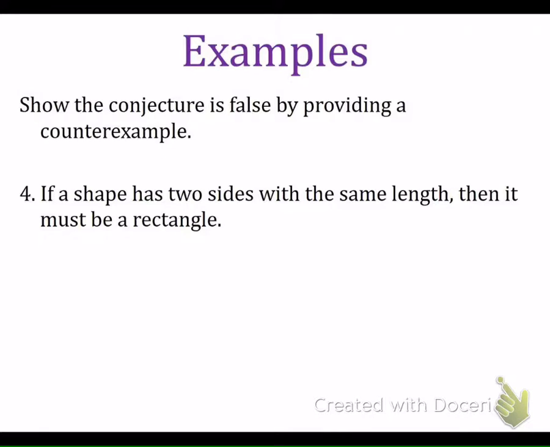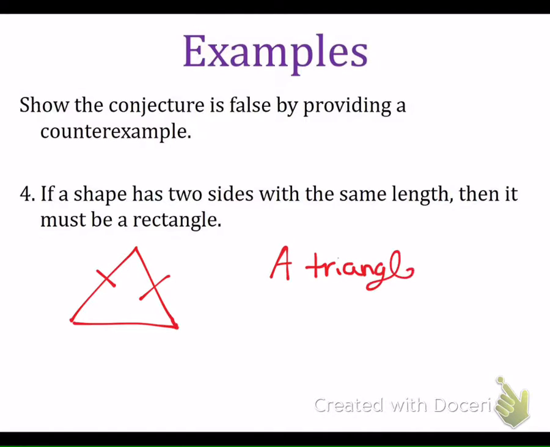A triangle. You could draw an equilateral triangle. Or I guess more accurately an isosceles triangle, right? If 2 sides are the same, that's surely not a rectangle. So you could draw counterexamples, or you could write it out like a triangle could have 2 sides that are the same length.